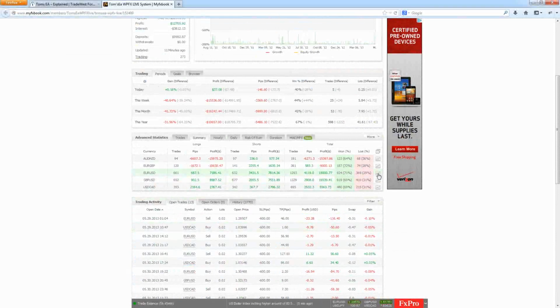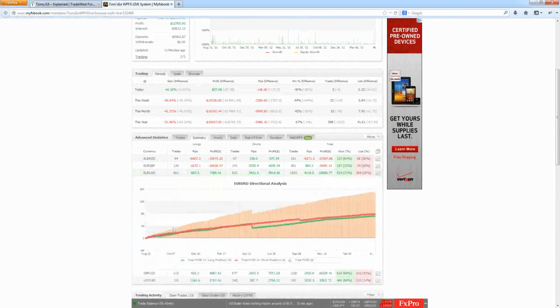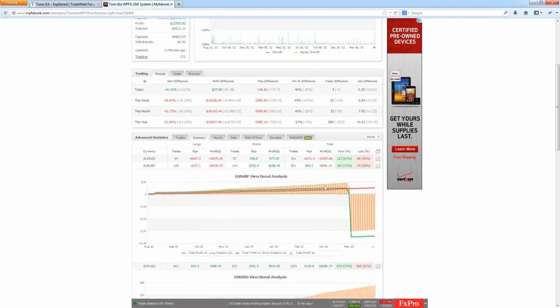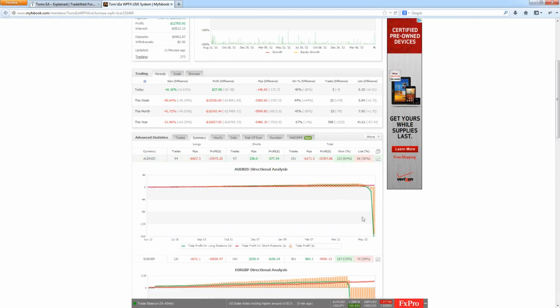And actually, you can click here and see just the euro dollar itself, see what kind of trading record you could expect. And you can see there's only 2 losses on this pair. And if we go to that euro pound, there's where it had the cliff. You go to Australia, New Zealand, there's where it had the cliff. So really, these just need to be eliminated.